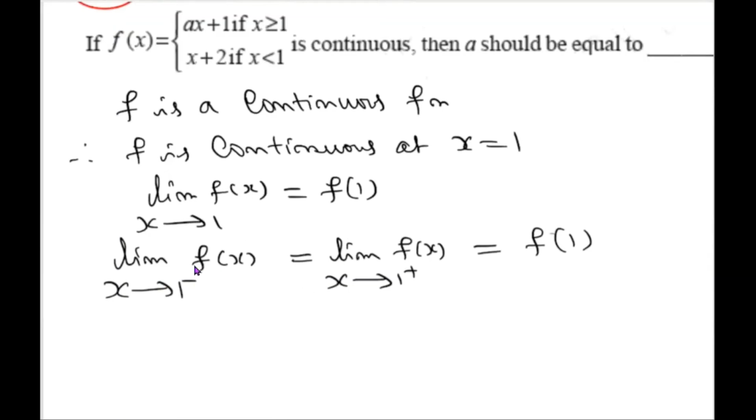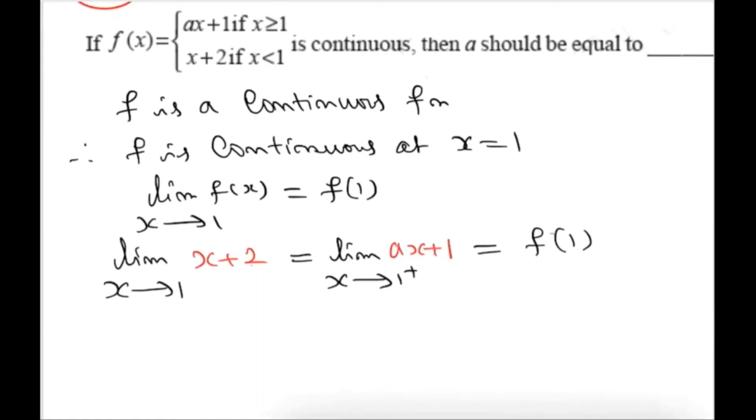So when x is less than 1, f of x is x plus 2. So we can write here f of x, x plus 2. And now you don't have to write any sign here because we have taken the appropriate function. As x is greater than 1, f of x is defined as ax plus 1.